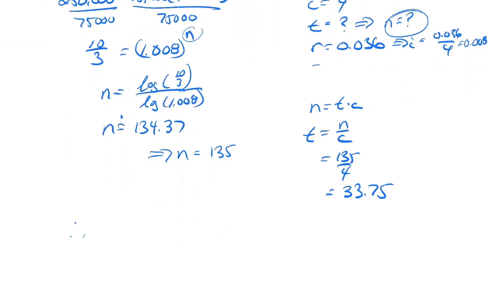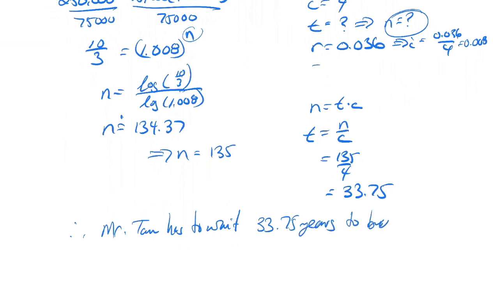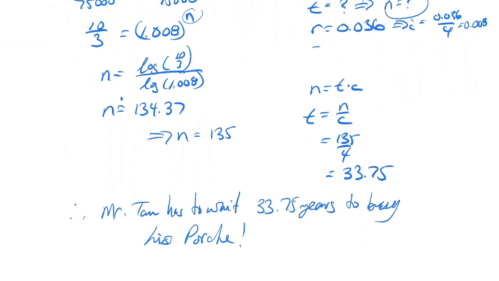So therefore, Mr. Tam has to wait 33.75 years to buy his Porsche. And hopefully he is still alive at that time.